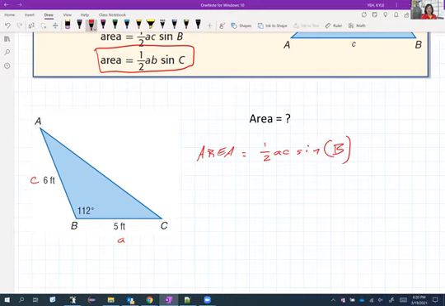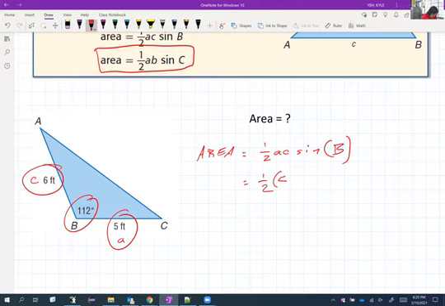Area equals 1/2 AC sine B. Once again, I'm not too concerned about the letters. It's just two sides and the sine of the angle in between them. So plugging this in, 1/2 times A was 5 feet, C was 6 feet, sine of 112 degrees.